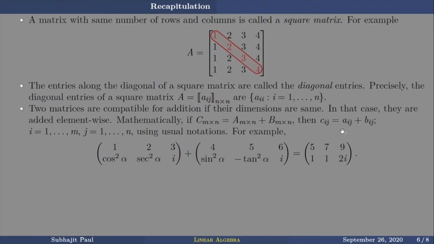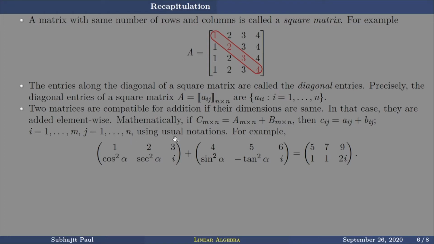These are going to matter from now on. This is how you prove something. So see what I have written. Mathematically, if C, m cross n, is the sum of two m cross n matrices A and B, then Cij is equal to Aij plus Bij, where i is the row index, running from 1 to m, and j is the column index, running from 1 to n, using the usual notation.